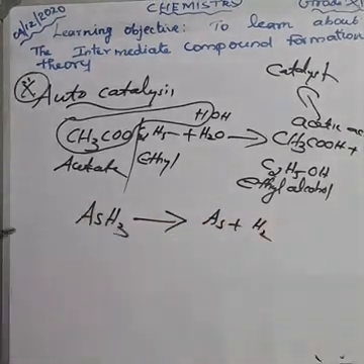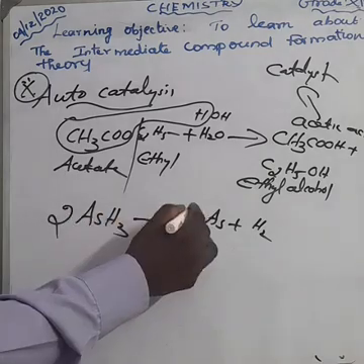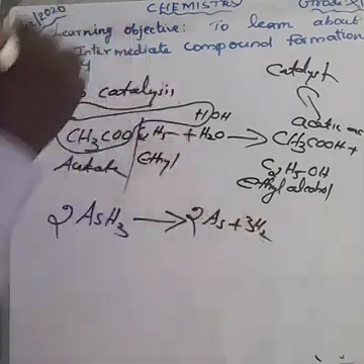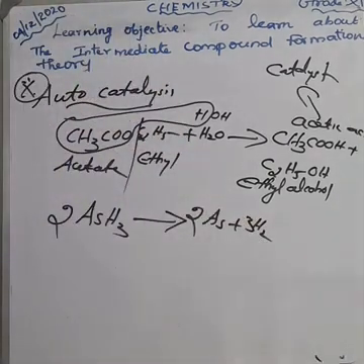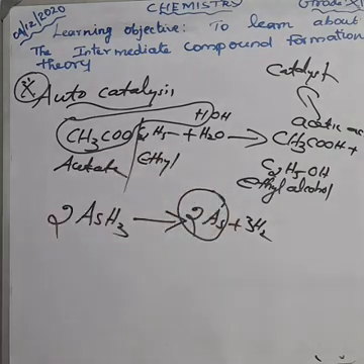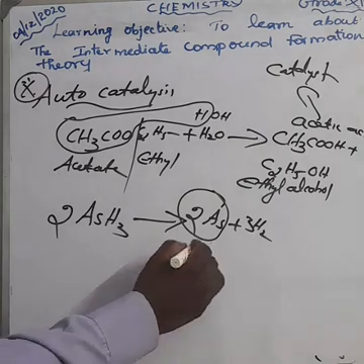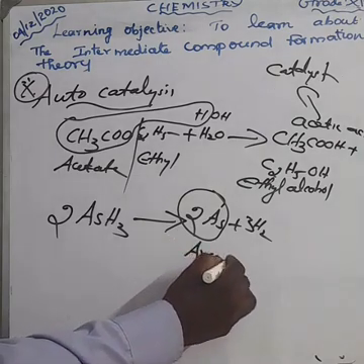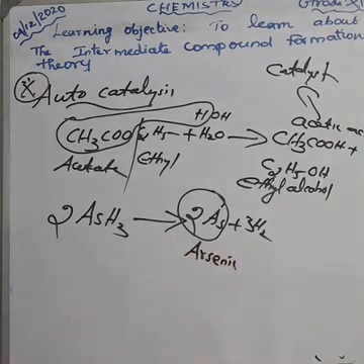To balance the equation, make it 2 AsH3 giving 2 As and 3 H2. Here also arsenic acts as an autocatalyst.